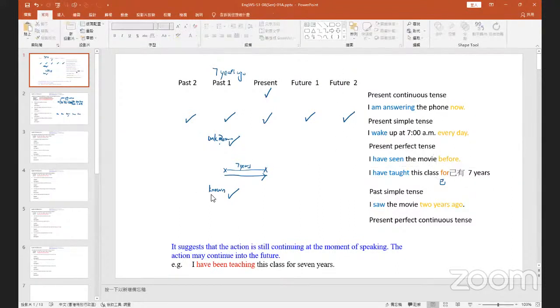For 7 years, then you use present perfect tense.